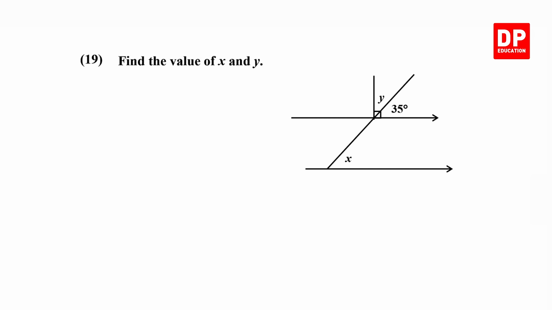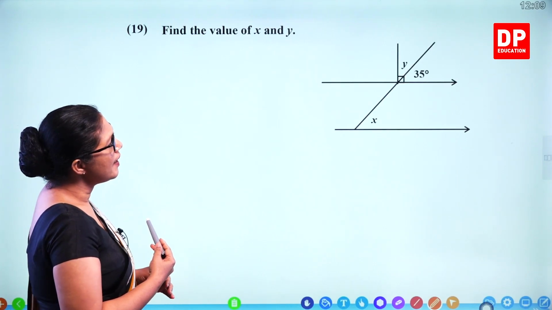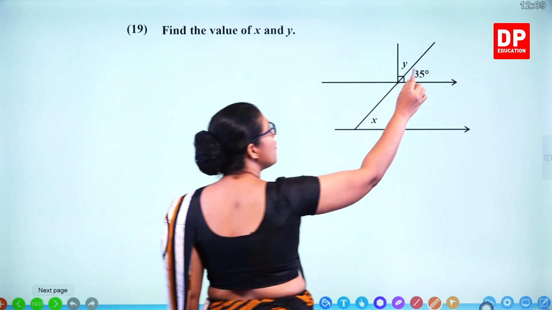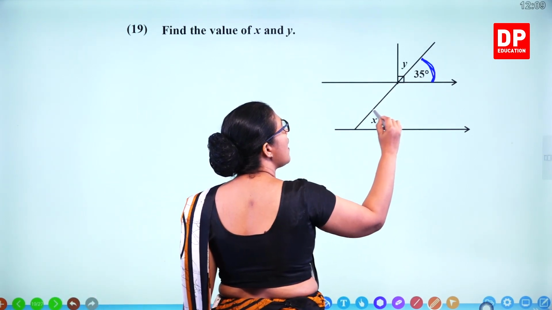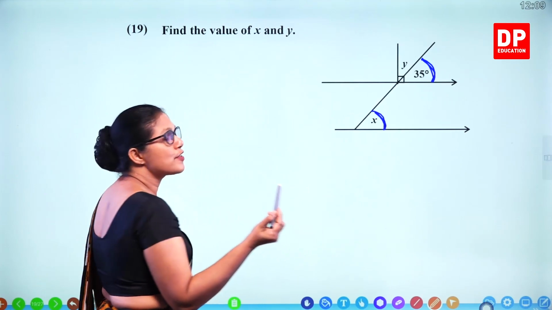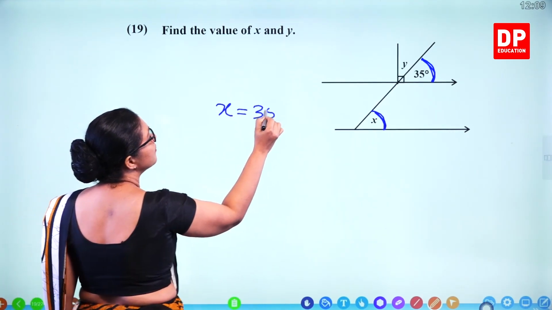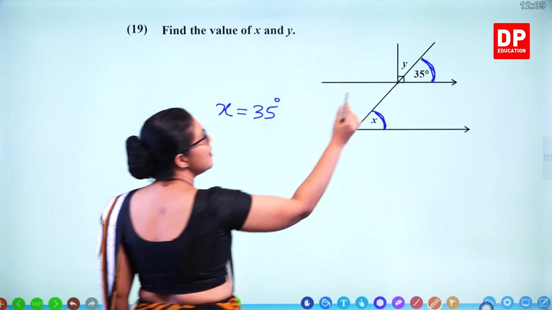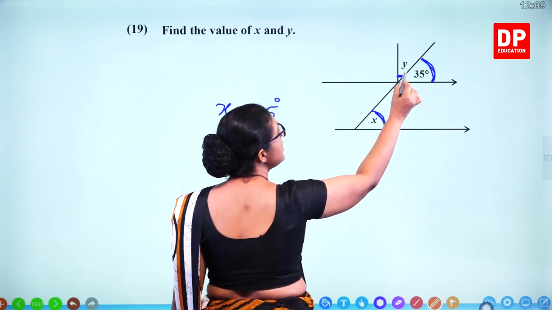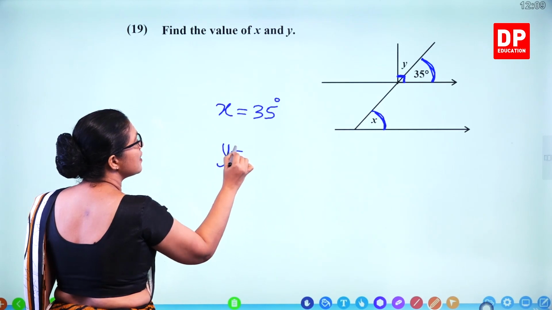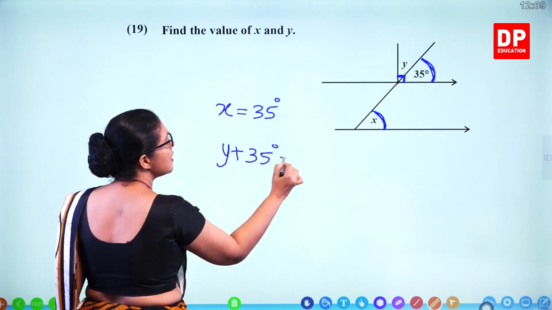Question number 19. Find the value of x and y. Two parallel lines are given. So straightforward question. If this is 35, this is 35. Corresponding angles are equal. So x is 35. What's y? These two angles add up to 90. So y plus 35 is 90.